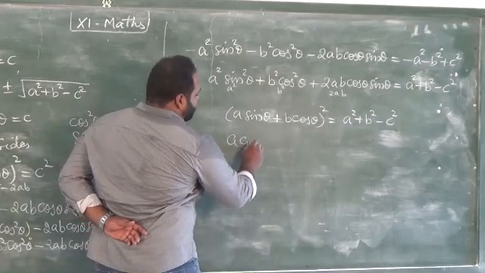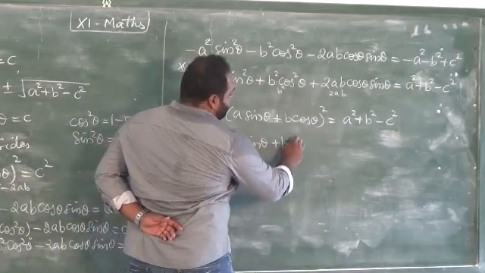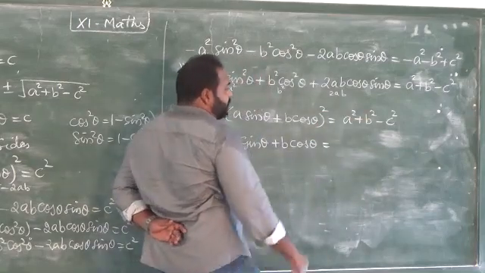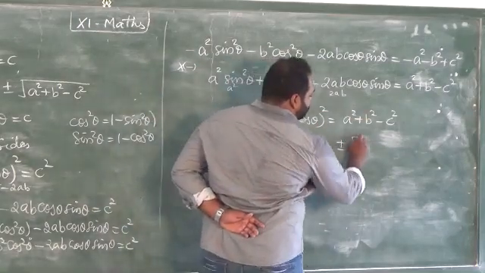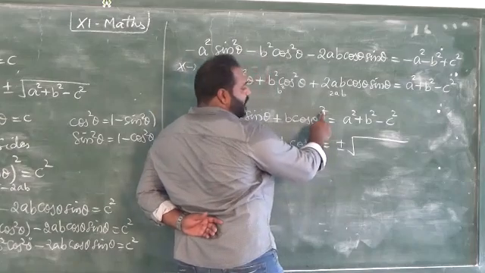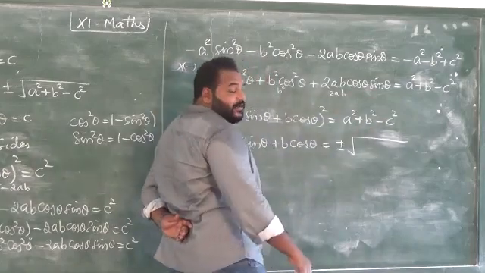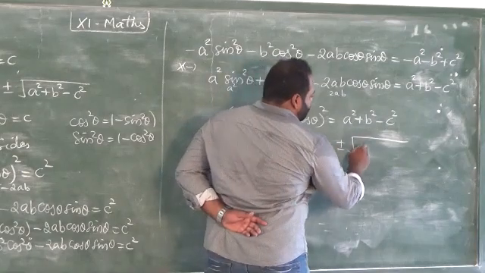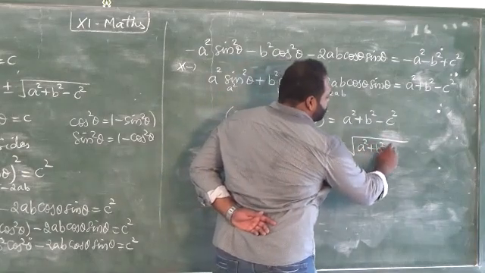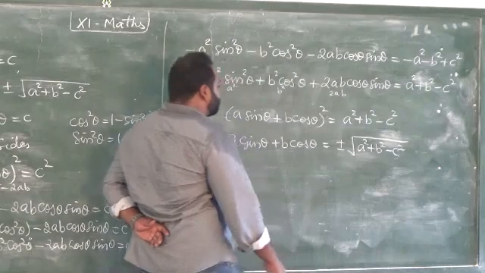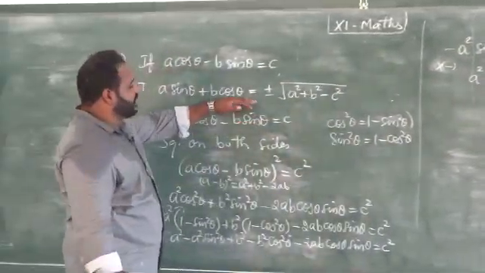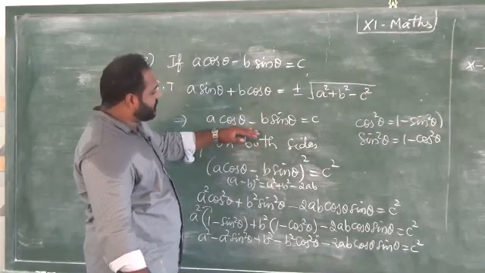So A sin theta plus B cos theta equal to plus or minus root of A square plus B square minus C square, which is what we wanted to prove here. This answer we got using the given condition.